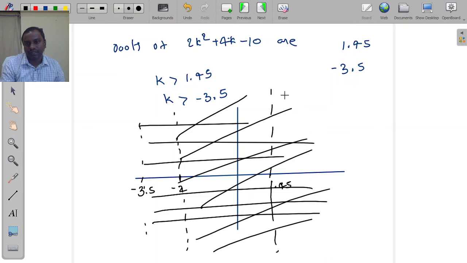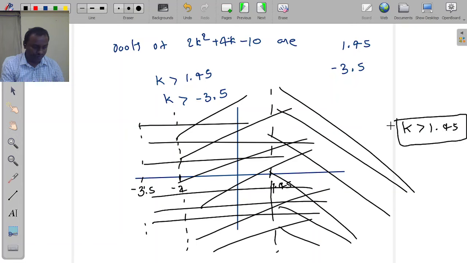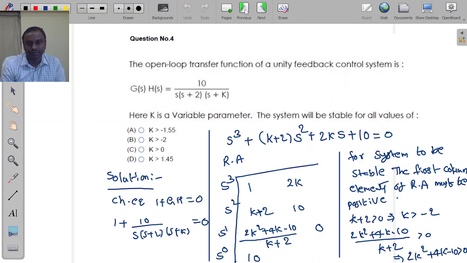So the common area is k should be greater than 1.45. This is the stability condition. So the answer for this question is answer D.